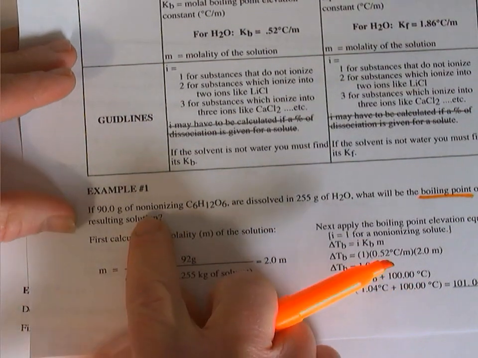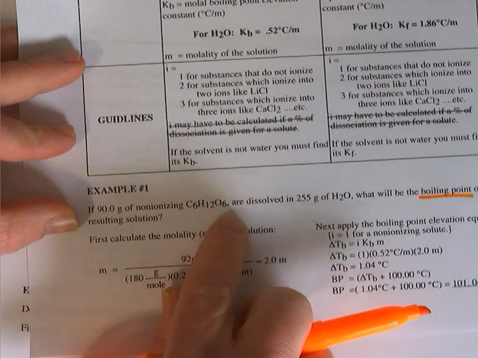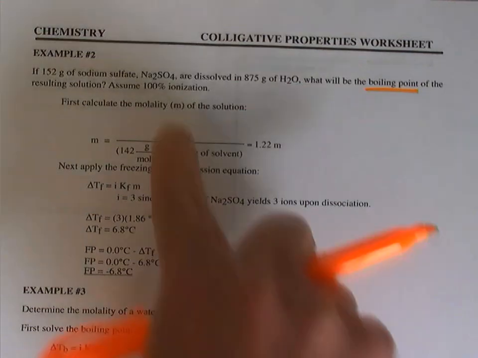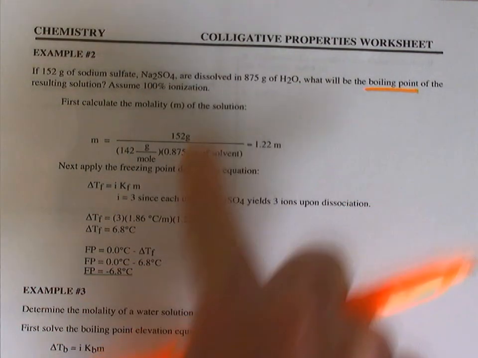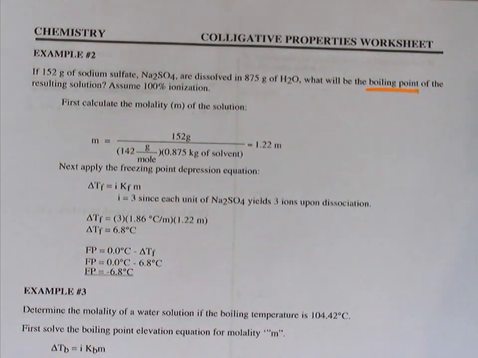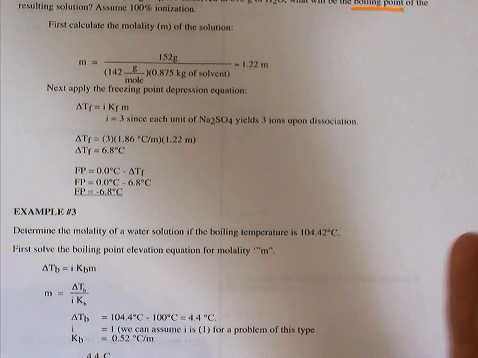You may or may not be told this, so you have to know. This is covalent molecular, so we know the Van't Hoff factor is 1. But here, the Van't Hoff factor will be 3, and that will make a difference. So you could be asked to find the new freezing point or the new boiling point.